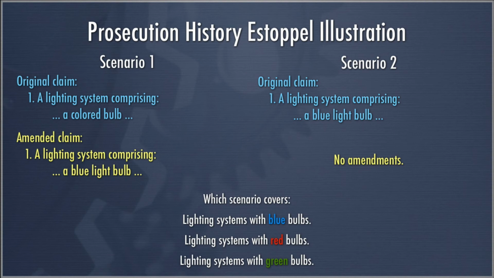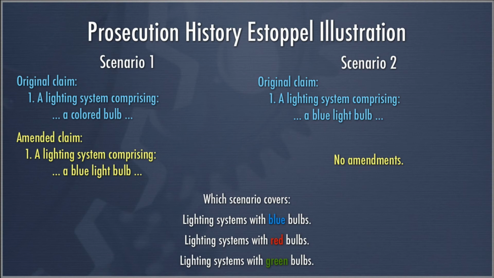The green bulbs were not in the prior art. They were not asserted against this patentee when he or she was prosecuting the patent. And so the question is whether there is infringement, or at least possible infringement, under the Doctrine of Equivalents.